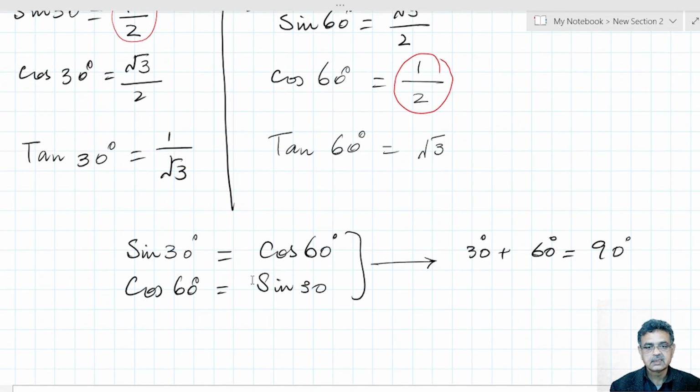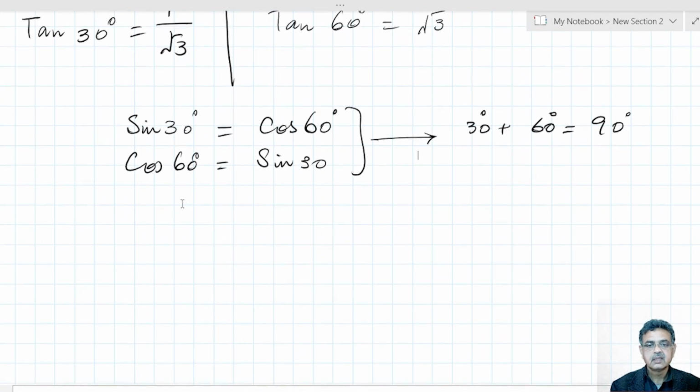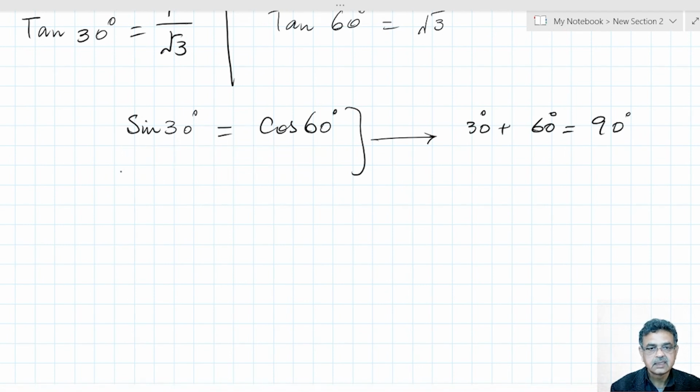Let me change the values. We can say that cos 30 degrees is equal to sine 60 degrees. How is it?